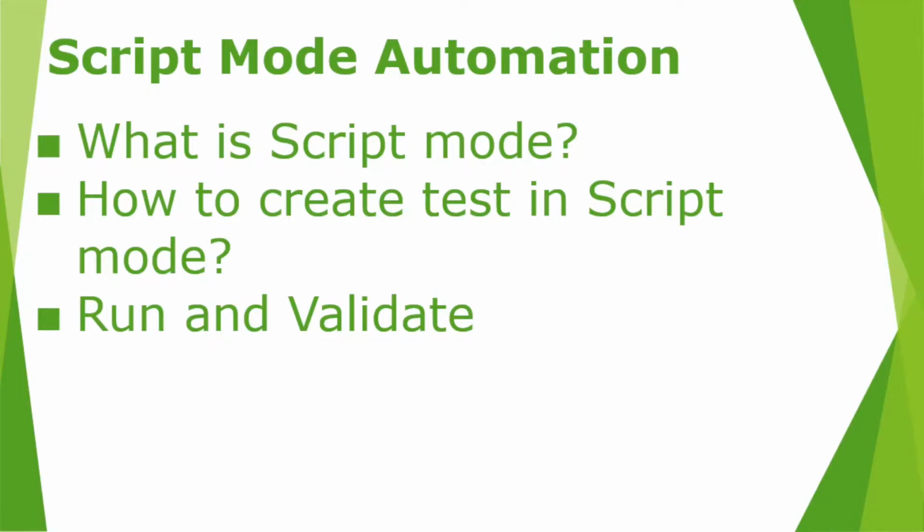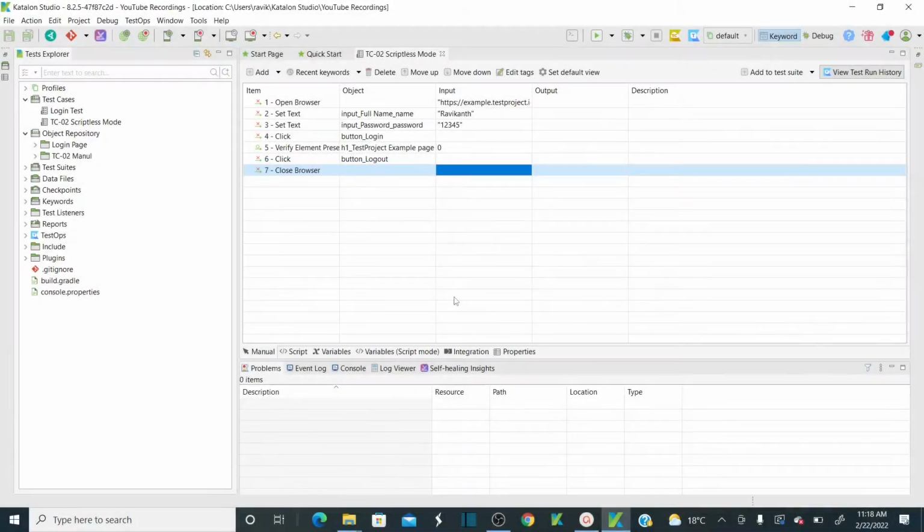Okay, so now let's jump onto the system and let me show you how we can automate test cases by using scripting mode available in Katalon Studio. So this is my Katalon Studio. I have opened my Katalon Studio. I would suggest you visit all my previous 4 lessons before you proceed with this particular session, to understand the concepts very well.